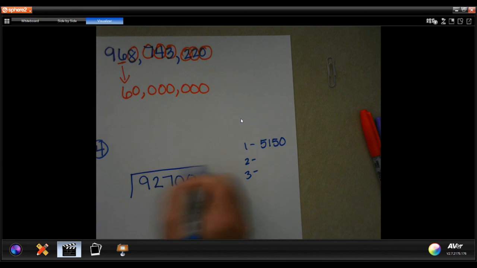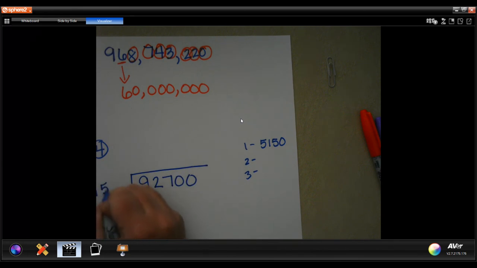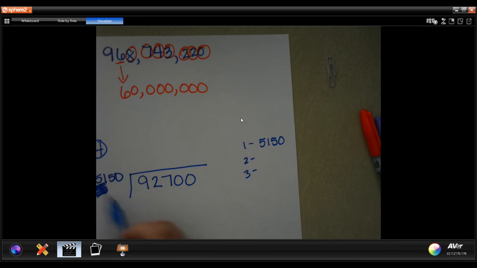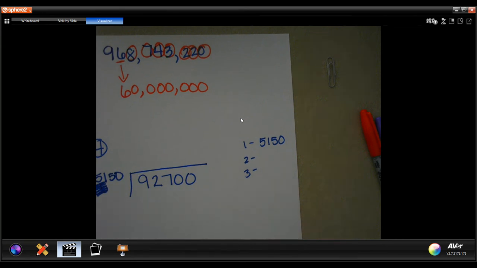Because we have to do 92,700, and we have to divide that by 5,150 people, okay? So 5,000 isn't going to go into anything until here. So I'm going to go ahead and do some multiples to get big numbers, okay? So 5,150, we'll do times 3.